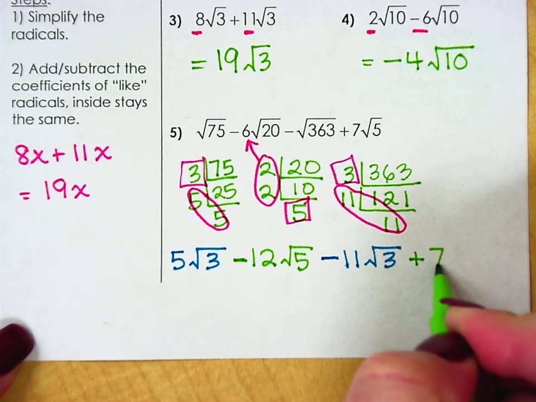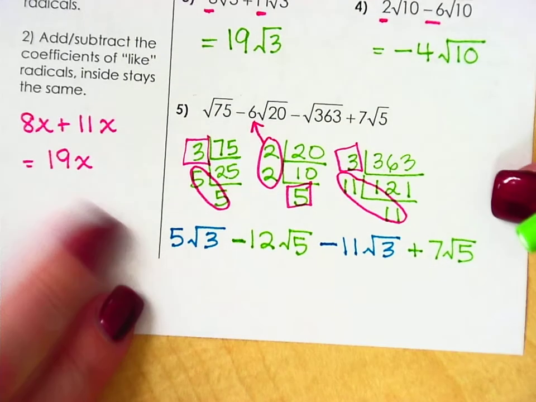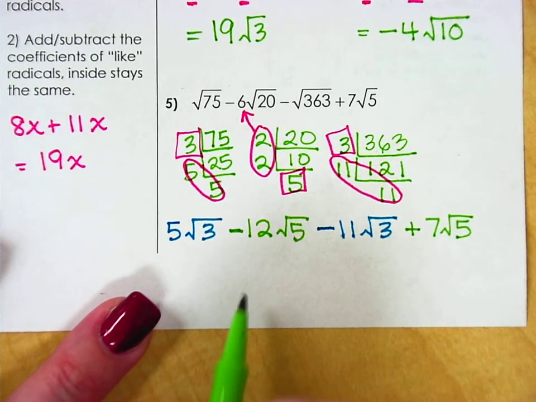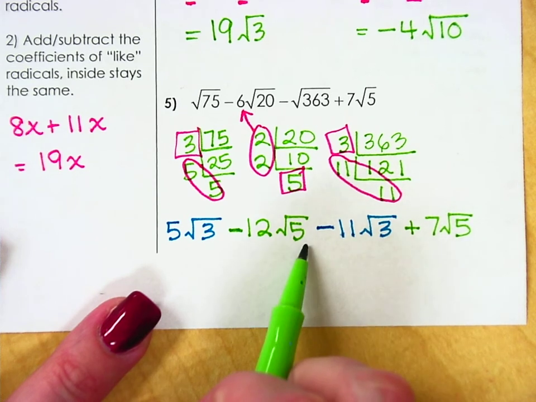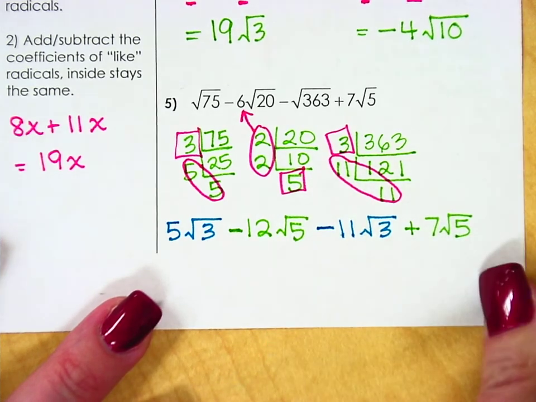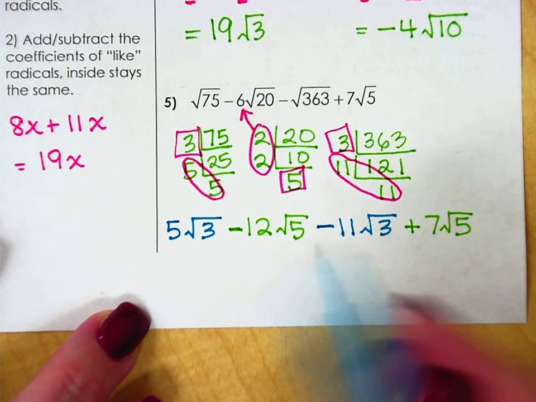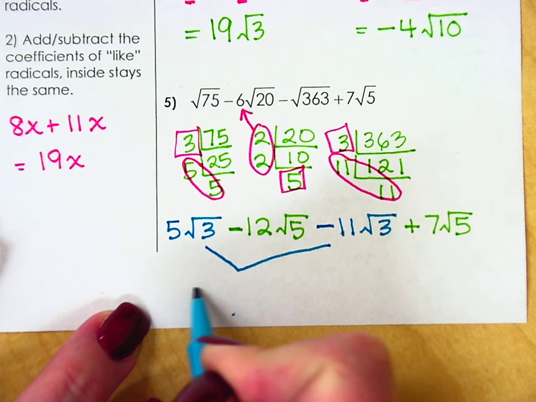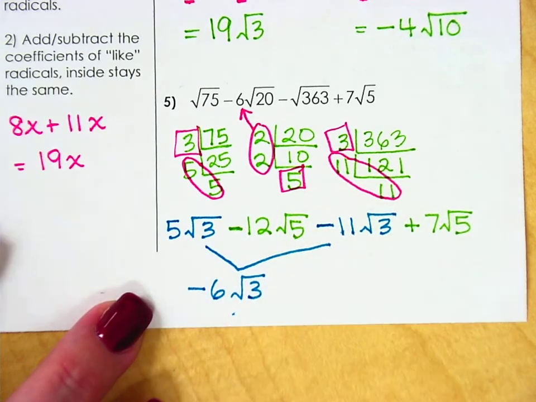So +7 radical 5. Now, look closely at what we have left here. If you look at how I color-coded these, notice I have radical 3s on some of the terms, and I have radical 5s on some of the other terms. So those are like terms. It's like having x's and y's. So the radical 3 terms get added together. So that becomes -6 radical 3. 5 minus 11 is -6.